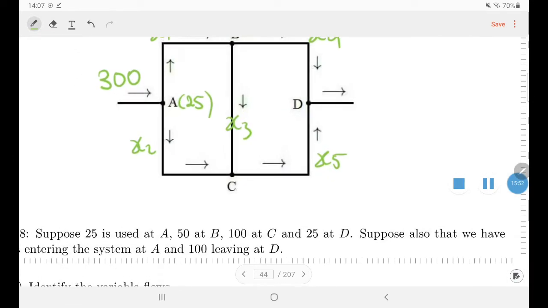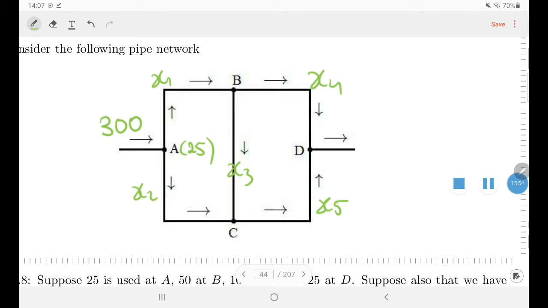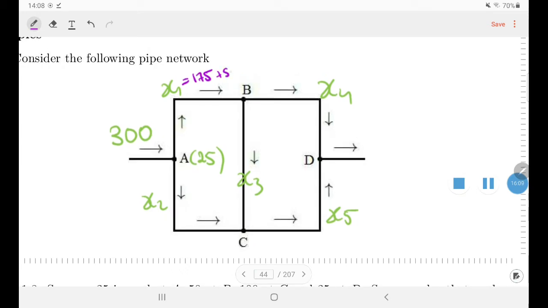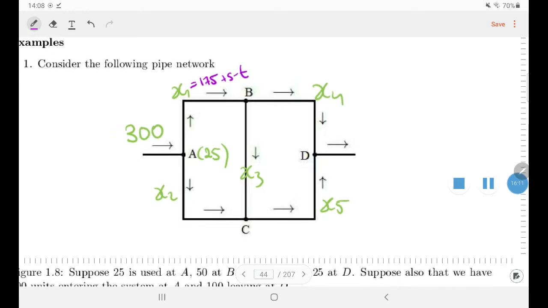So let's zoom in on this thing. So we found, I'll just write down the solutions beside them. So this came out to be 175 plus s minus t. x2 was 100 minus s plus t. x3 was s. x4 was 125 minus t. x5 was t.